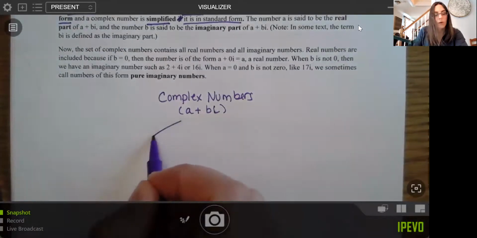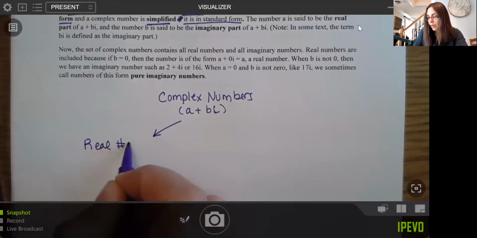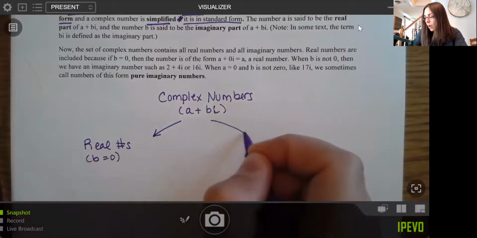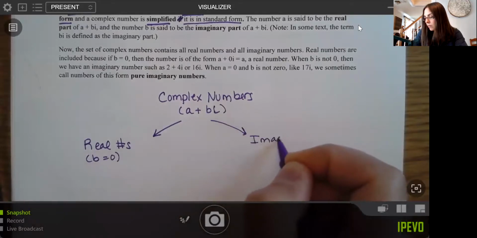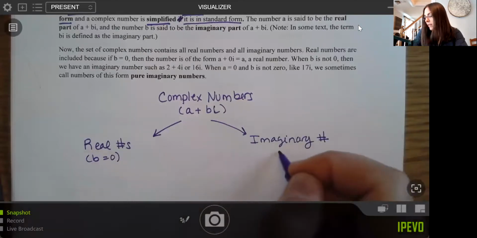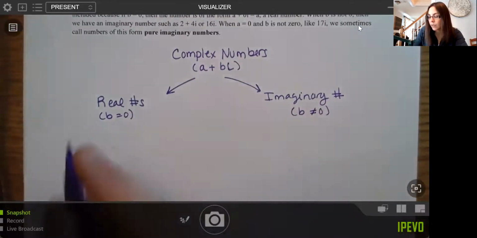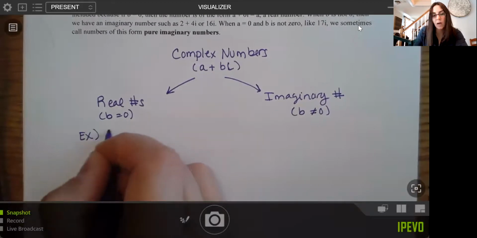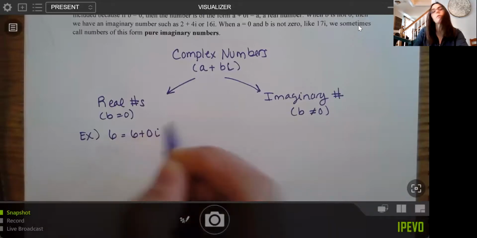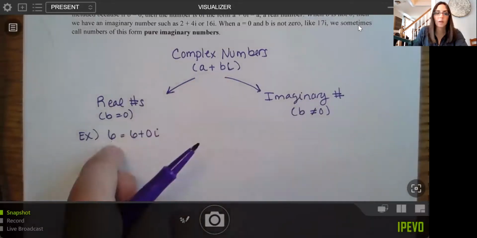They include both real numbers, which happens when b is equal to 0, and all imaginary numbers, which happens if b is not 0, so you actually have an imaginary part. For example, the number 6 is obviously a real number, and you could write it as 6 plus 0i. So it still falls under complex numbers because we can write it in that form, but of course, it's also just a real number.